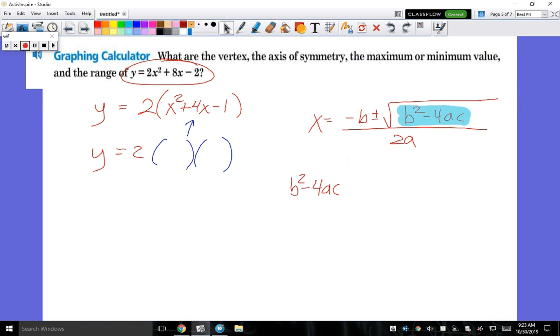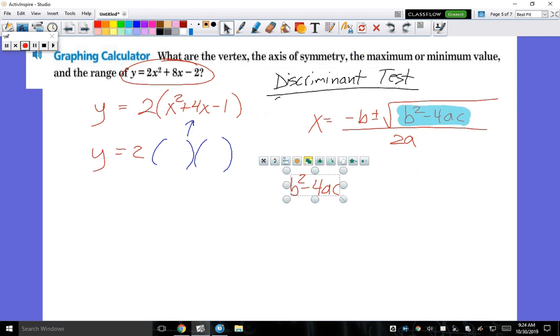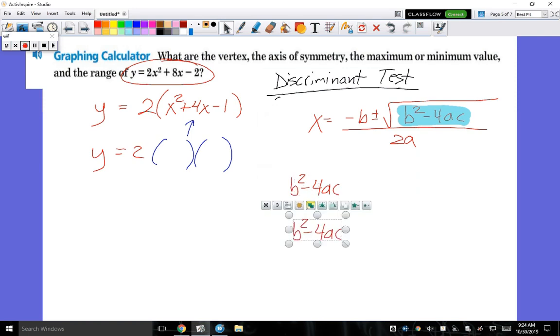Okay, here we go. It's called the discriminant test. Let me go ahead and write that down. The discriminant test says this. I'm going to test just that piece, and if it follows certain criteria, then I can get a lot of answers from it very quickly.